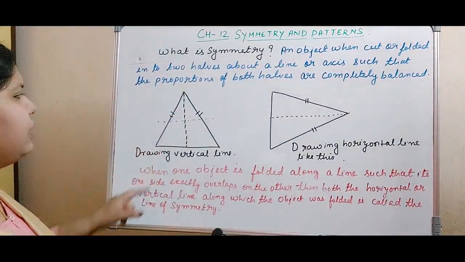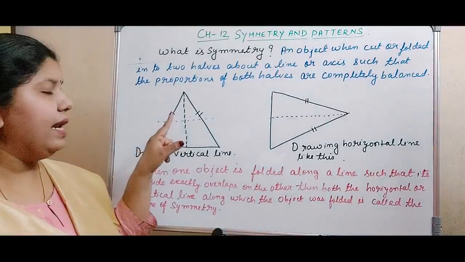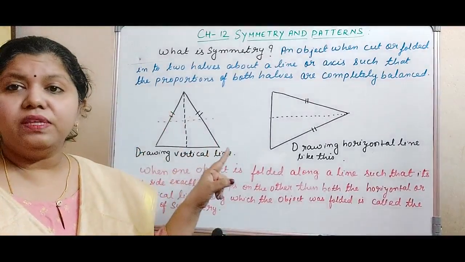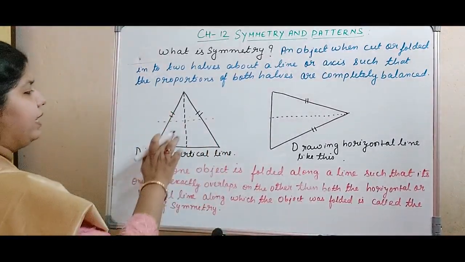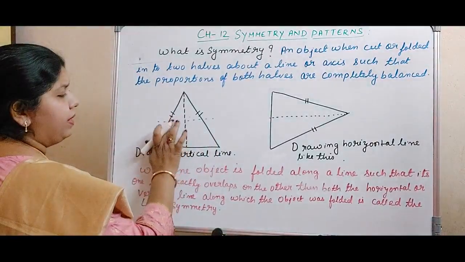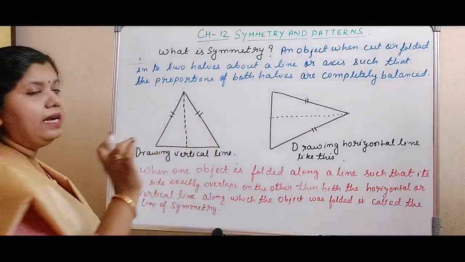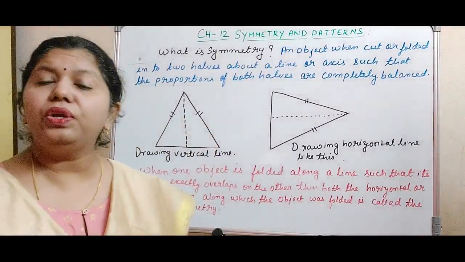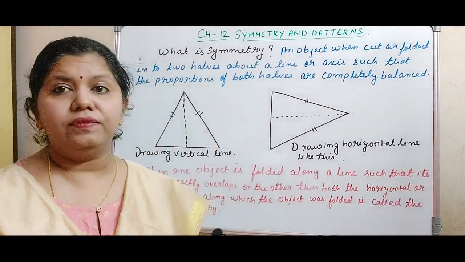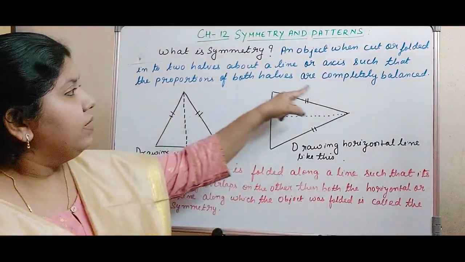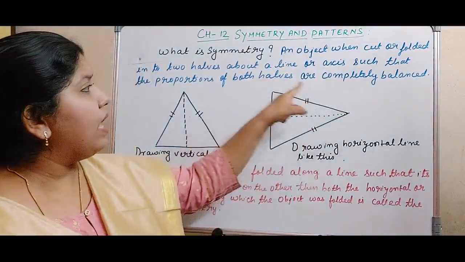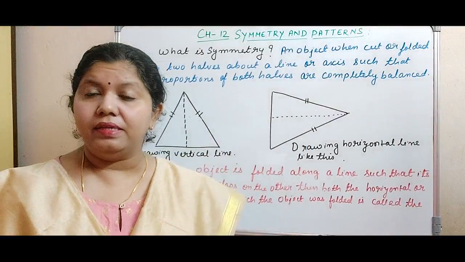That means this line cannot be called a line of symmetry. So children, the line of symmetry is that line which divides the figure into two equal halves. That is why I have mentioned here, completely balanced. Both halves are completely balanced.